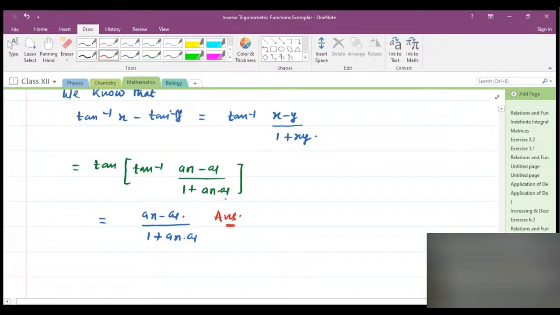Hope that there is no problem to understand the solution of question number 17 and 18. At this time, internet speed is very good.